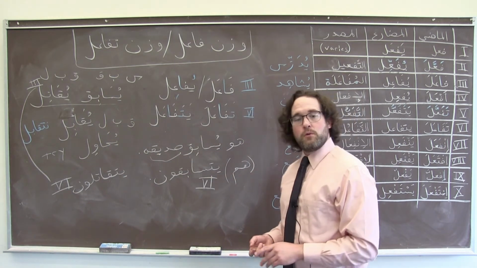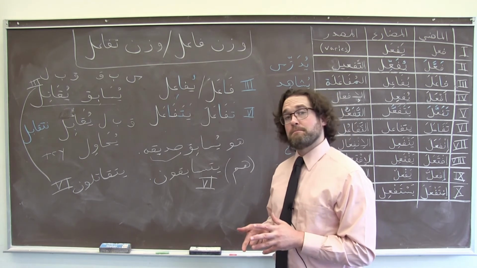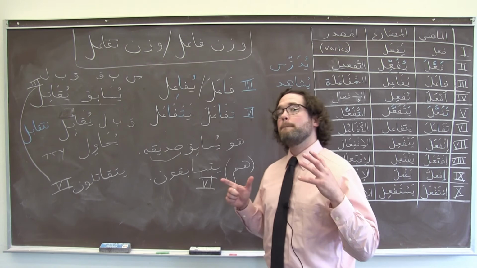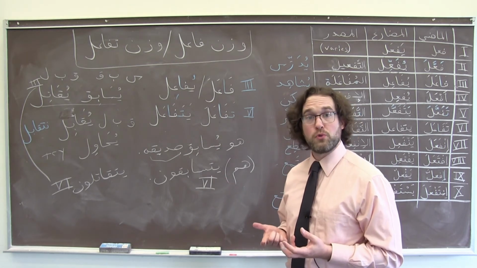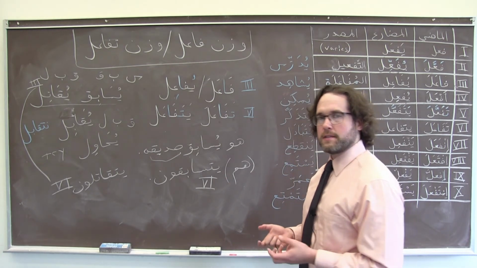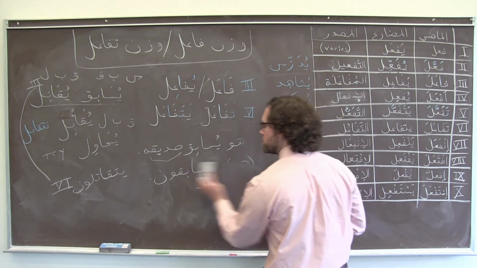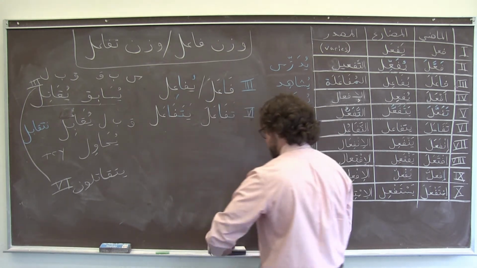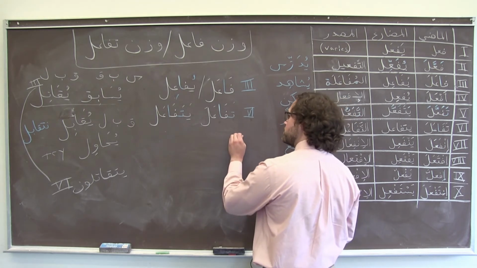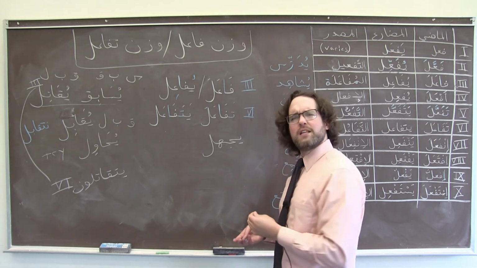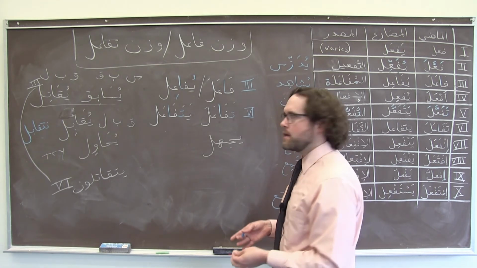Another meaning of Form 6, which is kind of fun, is it sometimes gives the flavor of pretending to do Form 1. For example, we have a verb in Arabic, يجهل, which means kind of to be ignorant of something.